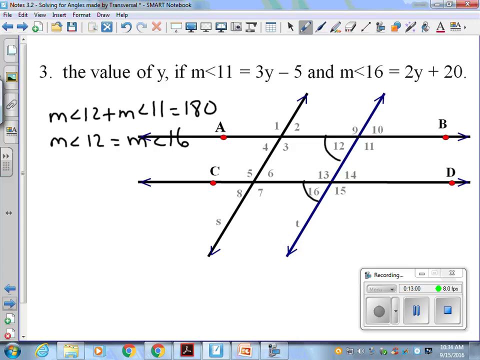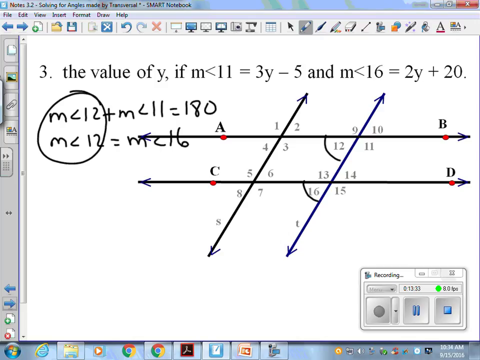Line AB and line CD are parallel, cut by the transversal line T, such that my two angles look supplementary, right? But I can't name them because there's no name for that. So I can just say they look supplementary. And then I set up these two equations because I've got one set that are equal, I've got one set that adds up to 180, and they both have this together.